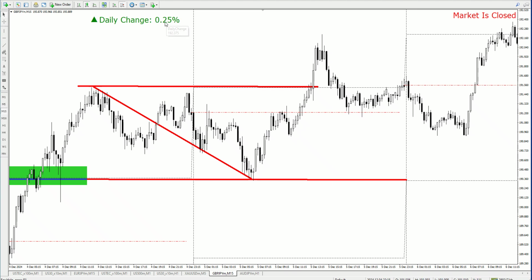If it retests maybe minus 60%, it's going to be very hard for that move to actually come back and close high again. So it's important to know how much the percentage is.